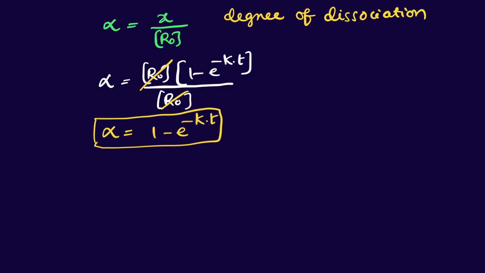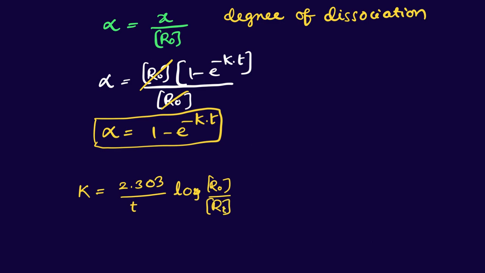So finally, whatever we got, the first order rate constant formula is k is equal to 2.303 by time into log R naught concentration by R concentration at t time.